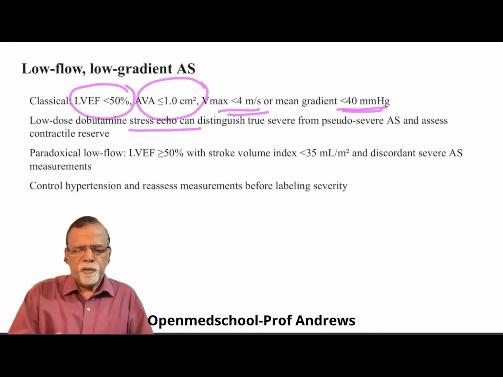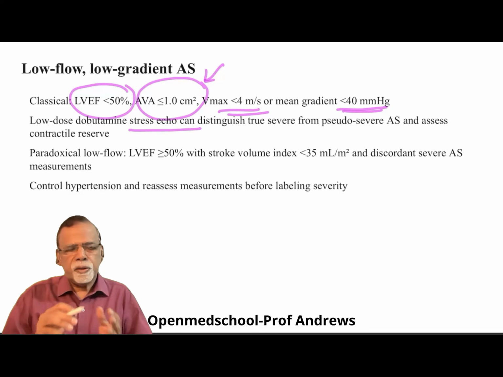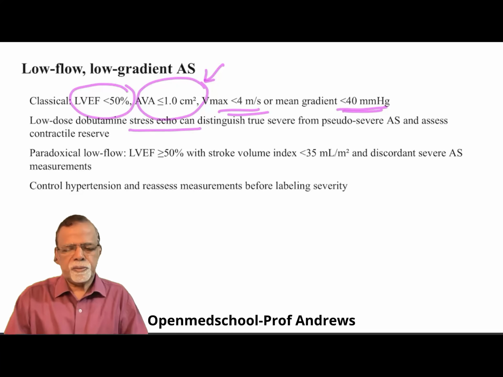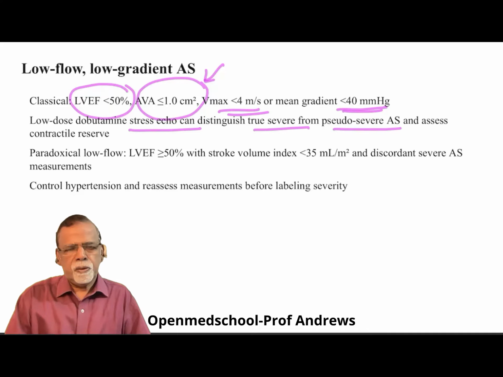That is, valve area wise it is severe, but the Vmax and the gradient are not suggestive of severe aortic stenosis. So this will distinguish true severe from pseudo severe AS. Hope it is clear to you.